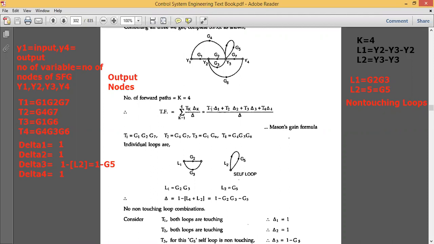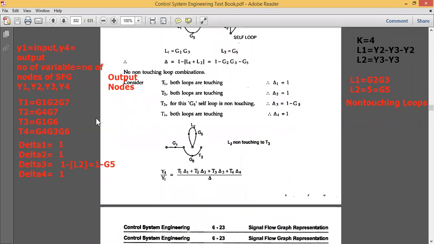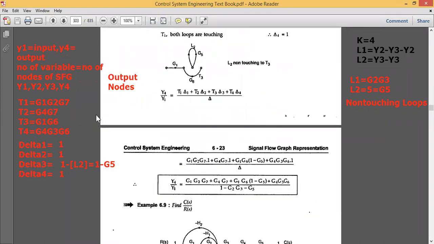So you take T1 with respect to delta 1, T2 with respect to delta 2, T3 with respect to delta 3 and T4 with respect to delta 4, divided by whole delta. So simply go on substituting the values of T1, T2, T3, T4 and delta 1, delta 2, delta 3 and delta 4 in this particular formula.